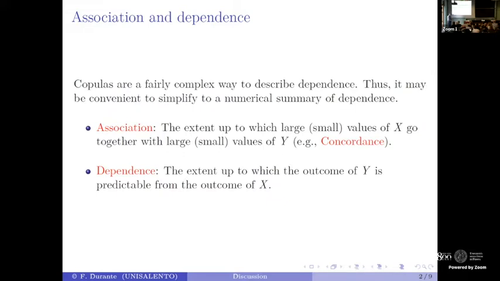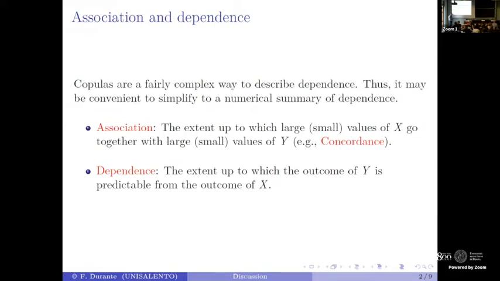In particular, while association measures can take negative values, the negative association, dependence measures are between 0 and 1. About the fact that association measures can take negative values, there is a whole literature at the moment about what the upper and lower bounds for association measures are.